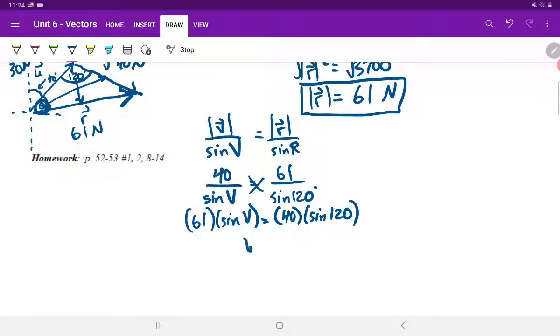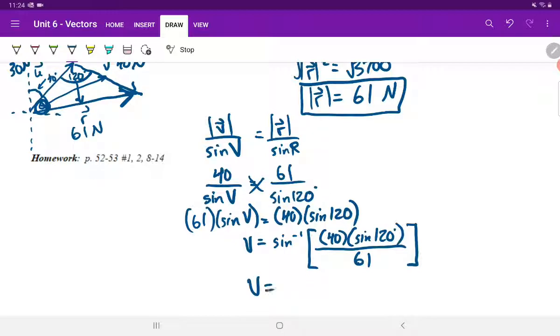I'll write it all as one step here: the sine inverse of 40 times sine 120 divided by 61. What you end up getting as an angle there is only 35 degrees, right? But that is not our bearing angle.